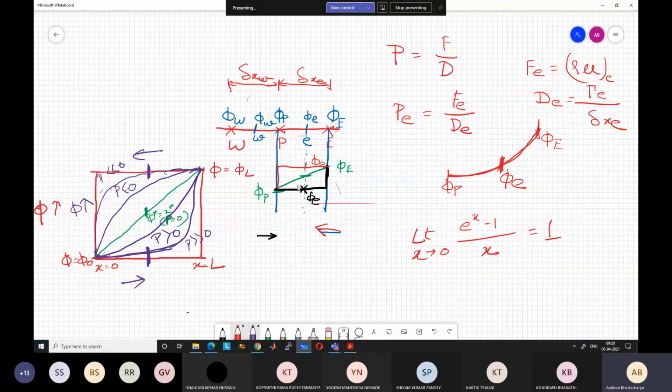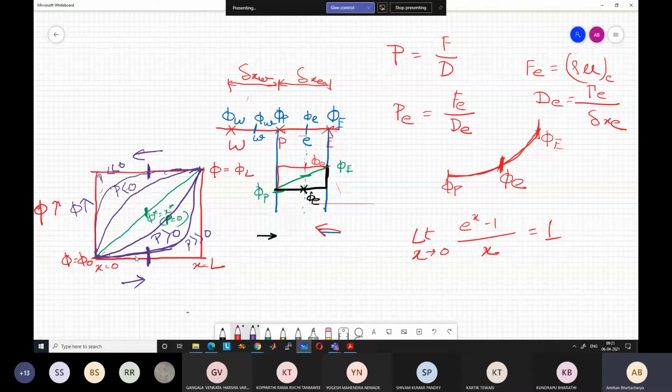But now, after looking at the graph, we see that our central difference scheme is accurate if the Peclet number is 0 or very near to 0. The upwind scheme is accurate if the Peclet number is very, very large or very, very small. In those cases, the variation will be almost similar to what we have done for the upwind scheme.